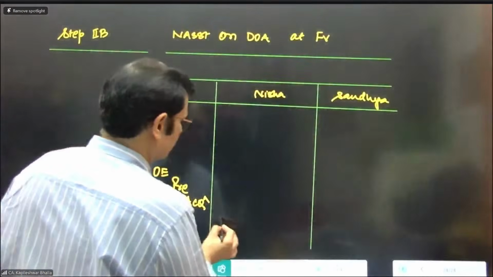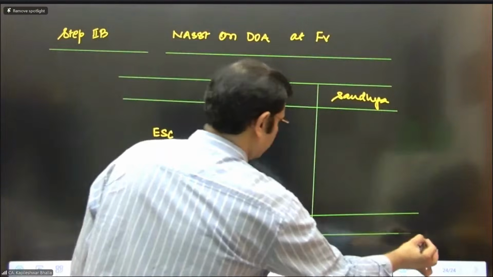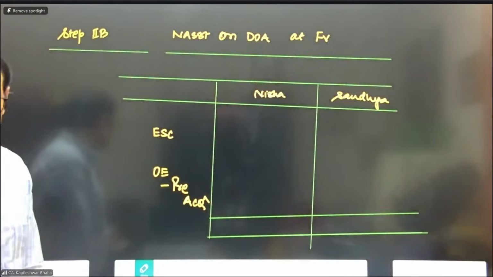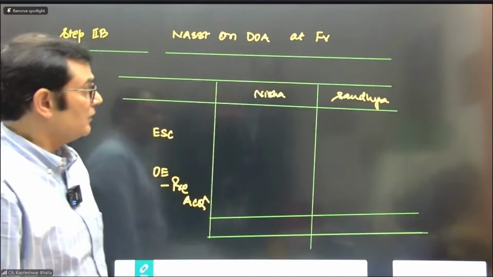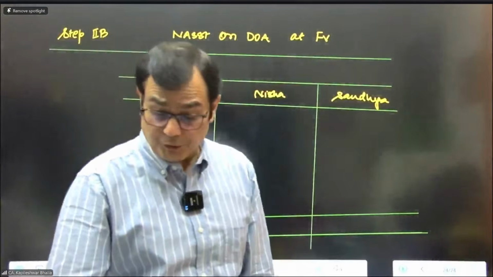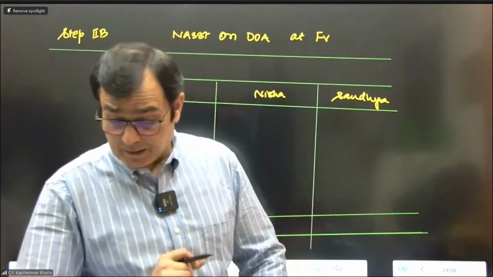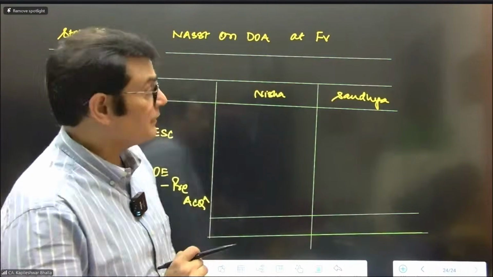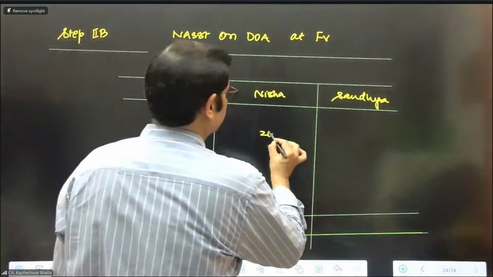So let's consider the sum total of the share capital as well as the pre-acquisition equity. So for the equity share capital, you need to go back to the balance sheet. So equity share capital of Nisha is 200 and Sandhya is 160.